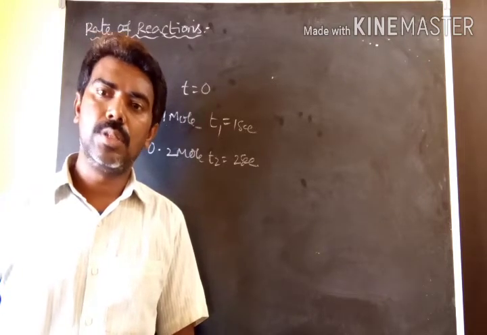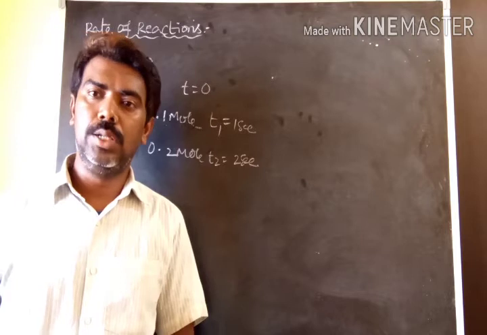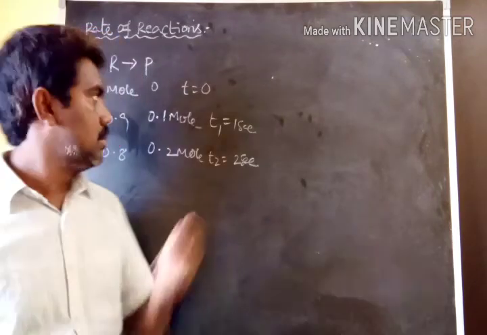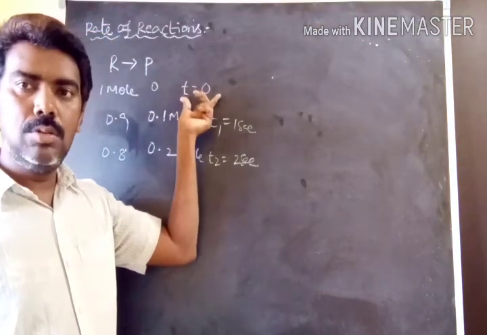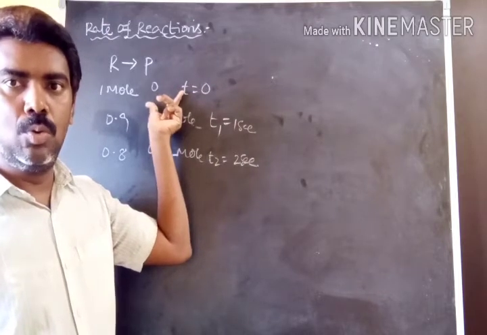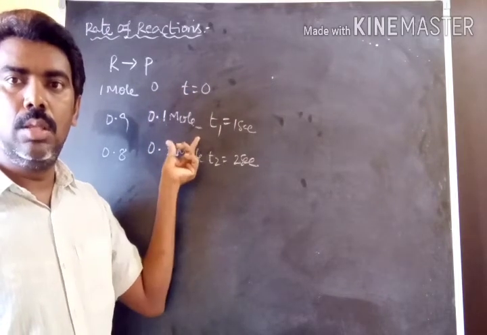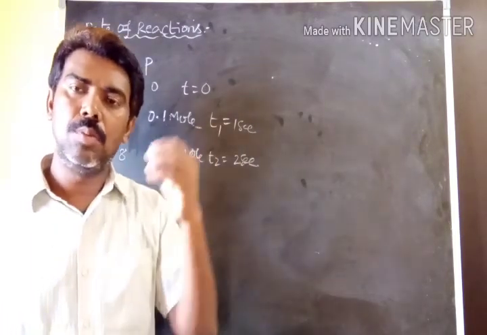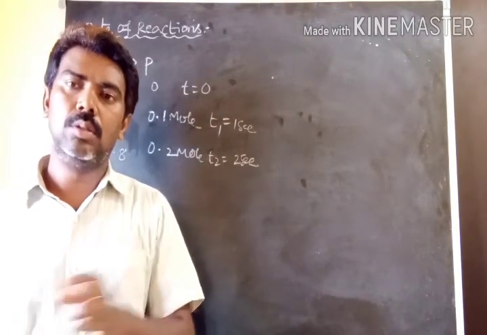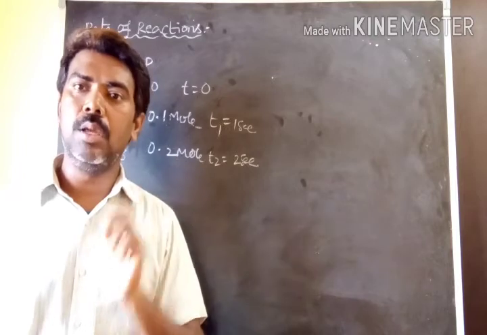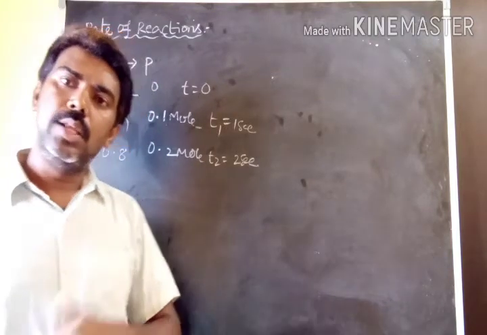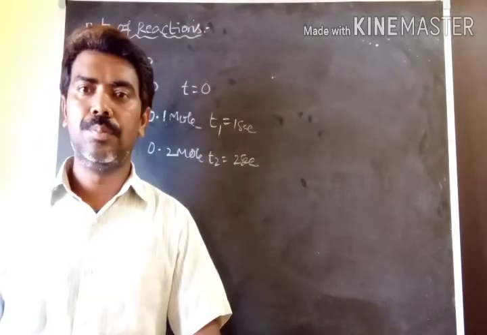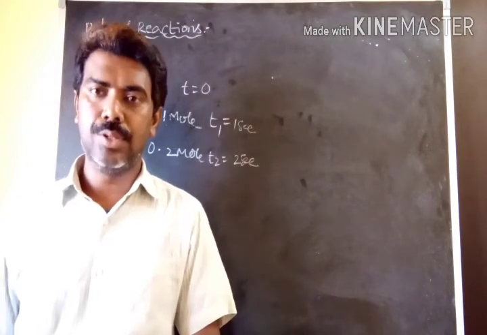If you take the products, at the beginning, time is 0 seconds and the number of products is 0 moles. As time goes on, products appear in the chemical reaction. That is the rate of appearance, or the rate of increase in the concentration of products per unit time. It is called the rate of reaction.